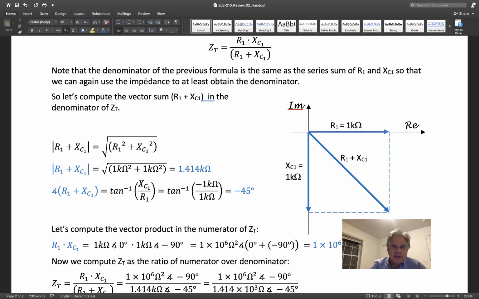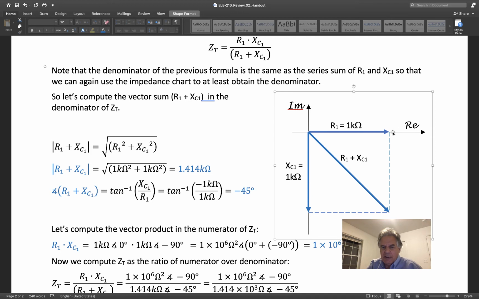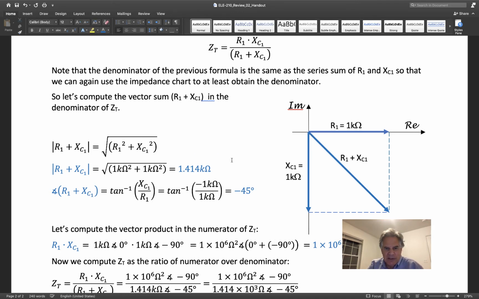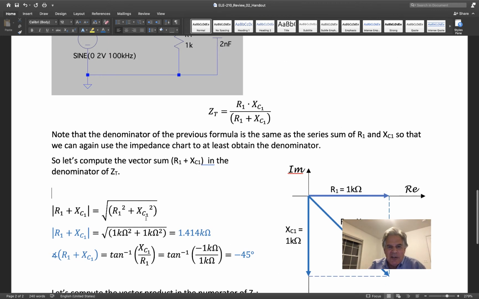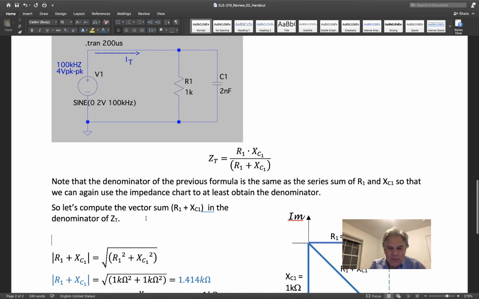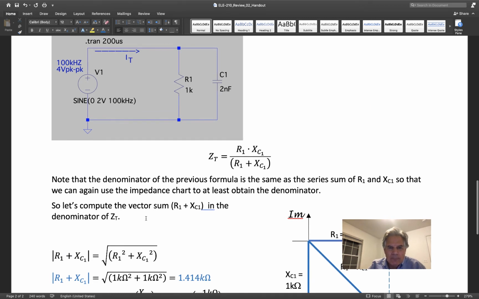So we can again use the impedance chart to at least obtain the denominator. Once again, my bad. And so we've got an impedance chart. There's our resistor, 1 k ohm, and there's our capacitor, which will compute the capacitive reactance of somewhere. Maybe we didn't. Maybe you'll just have to trust me that it's 1 k ohm. What did we do here? 2 nanofarads I don't think is 1 k ohm.